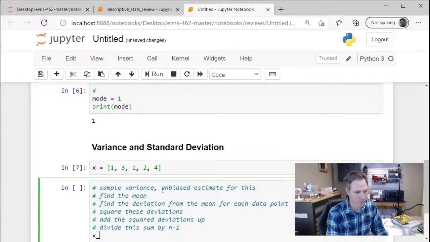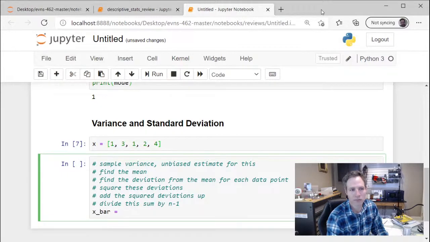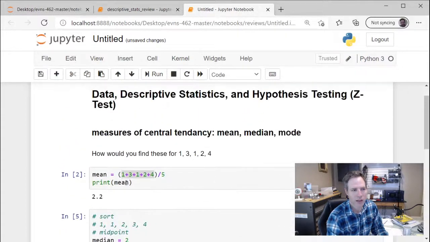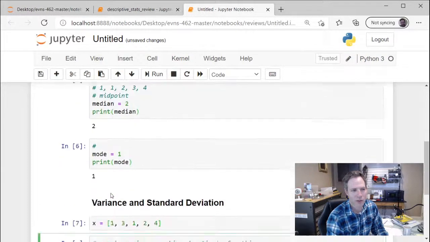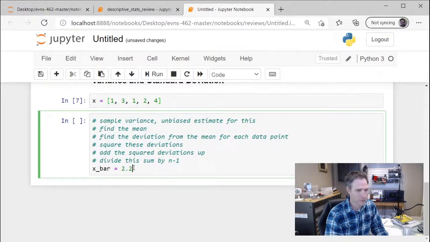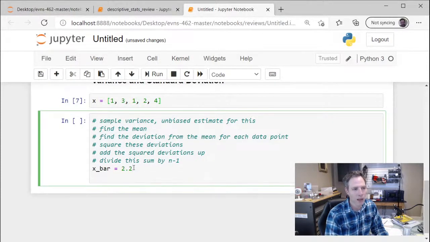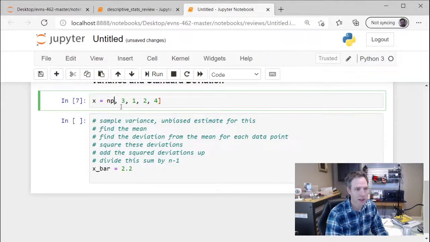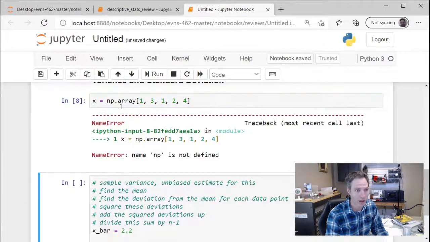Okay, so the mean we already found. The sample mean, called x bar, already found up here. It was 2.2. Okay. Find the deviation from the mean for each data point. Let me convert this data set into a NumPy array.